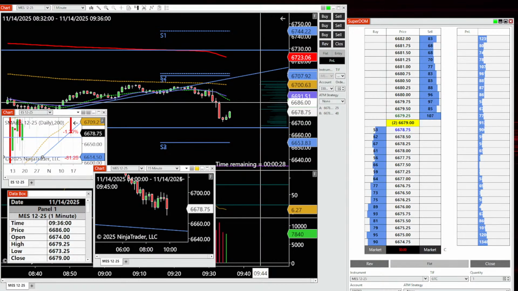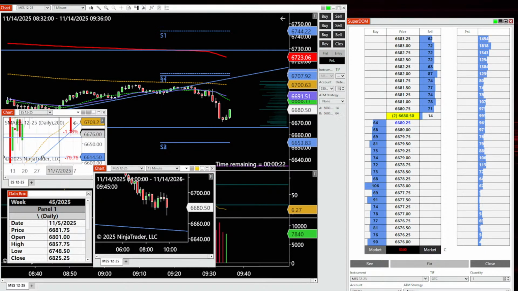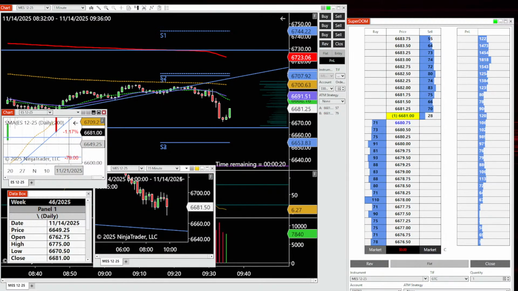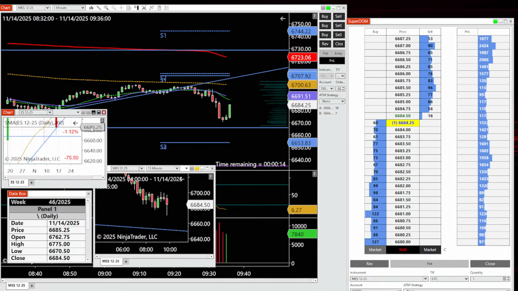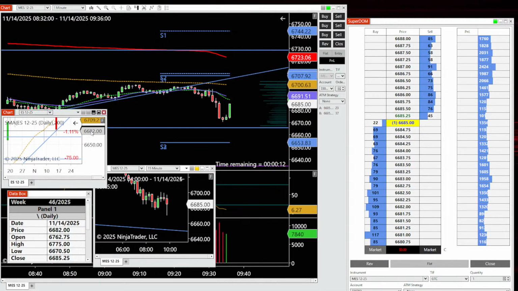Like we're trying to get some pullback. Try to get some pullback. This is the first 15 minutes.